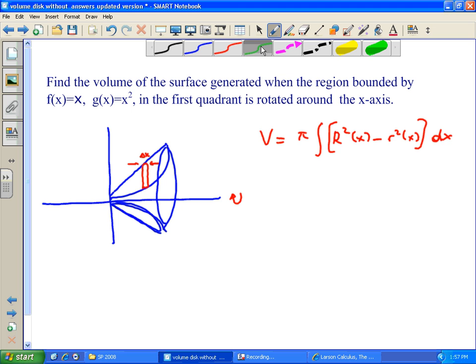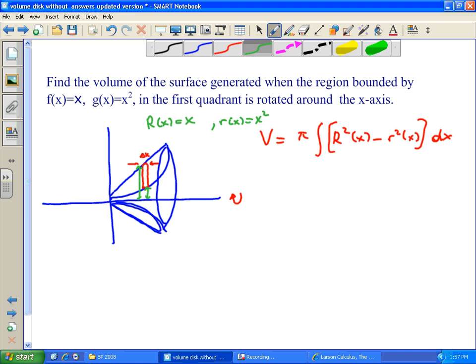Okay, big R is your distance from the axis of rotation to the outer part of the region. So for this example, your big R is your function x, and little r is from your axis of rotation to the inner part of that rectangle. So that is, for this example, x squared, right?